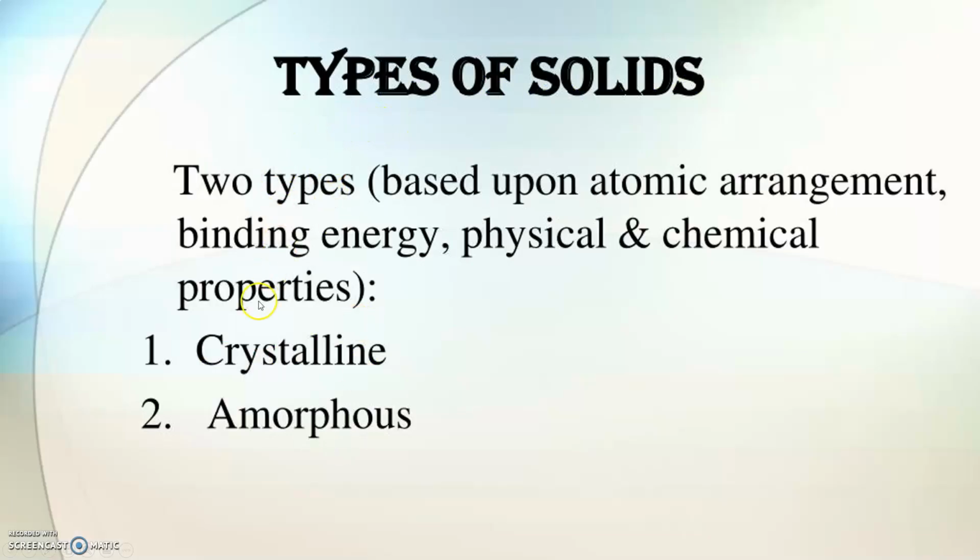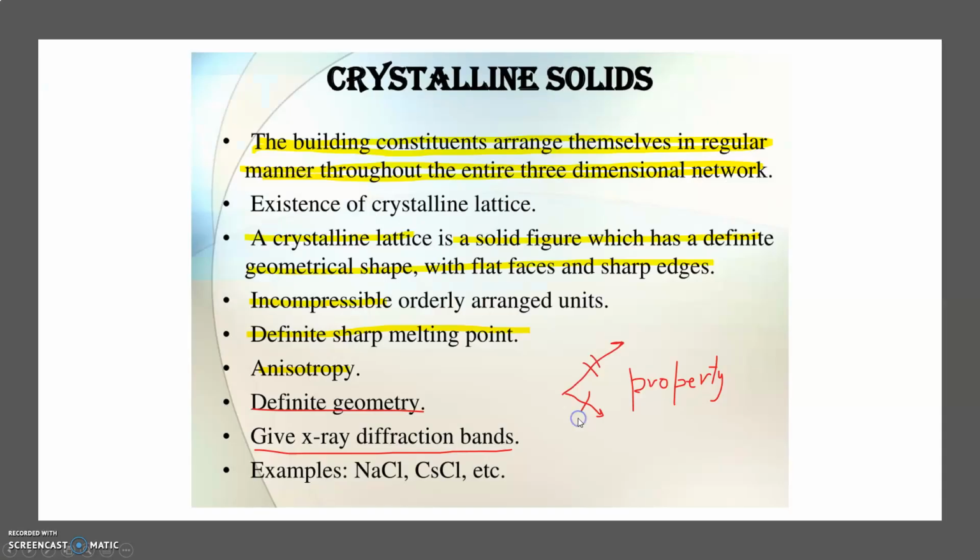There are two types of solids, the crystalline and the amorphous. In crystalline solids, the building constituents arrange themselves in a regular manner throughout the entire three-dimensional network. A crystalline solid has a definite geometrical shape with flat faces and sharp edges. They are incompressible.